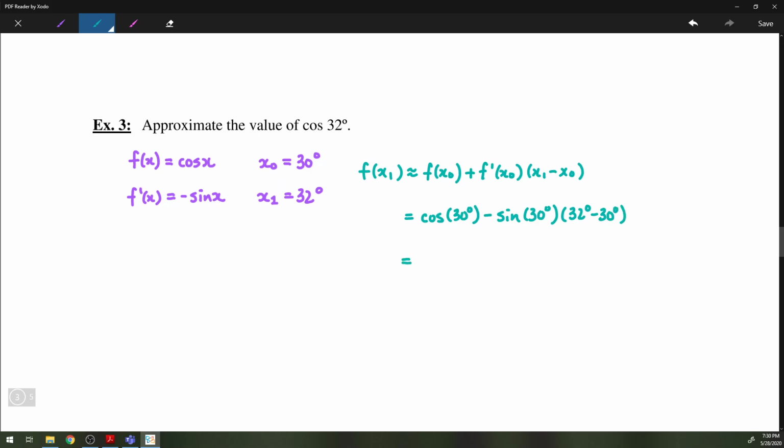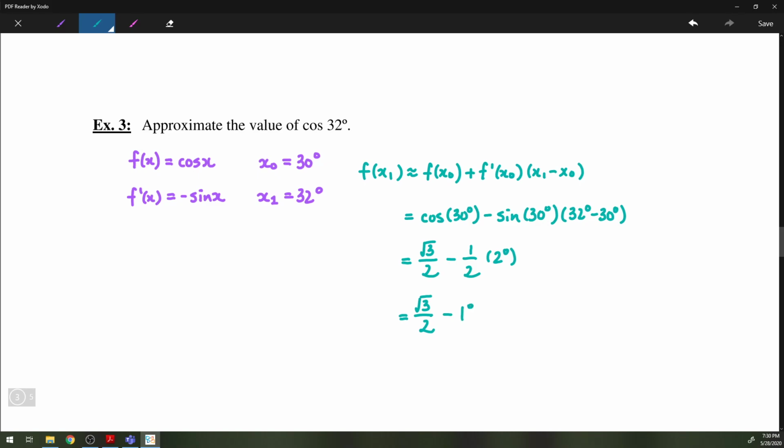Okay, so cosine of 30 degrees is the square root of 3 over 2. Sine of 30 degrees is 1/2. And of course, the difference in the angles is 2 degrees. So really, this is just going to be root 3 over 2 minus 1 degree.